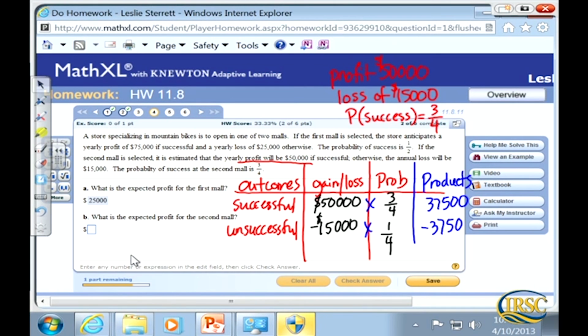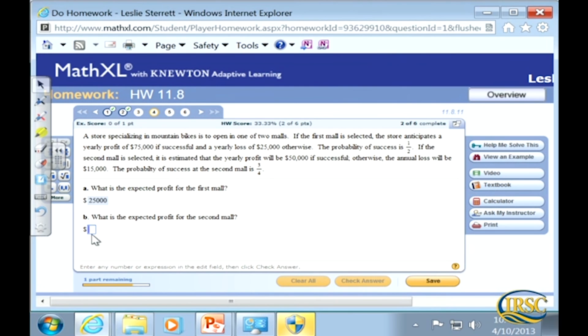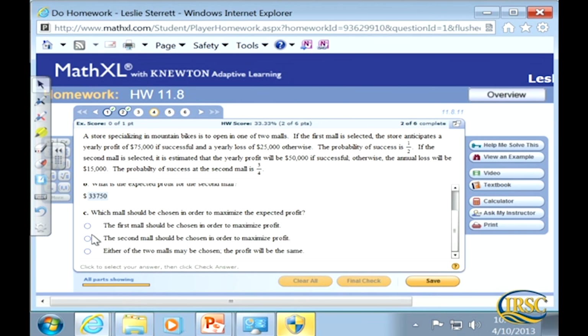So now when you add these numbers together, 33,750. Okay, so this time your expected profit is 33,750. There's still one part remaining here. Well done.